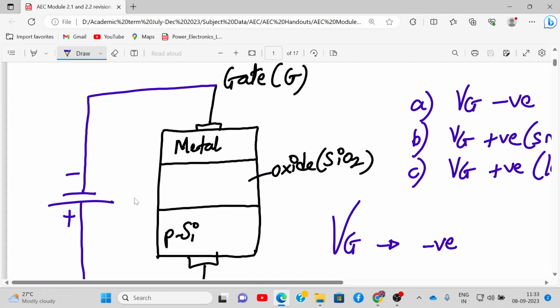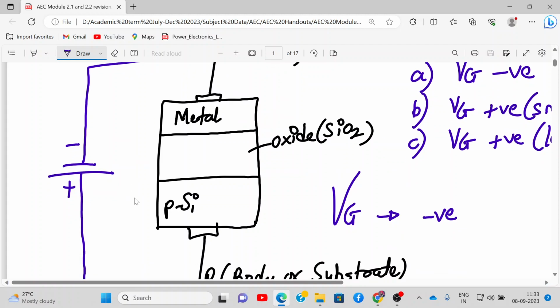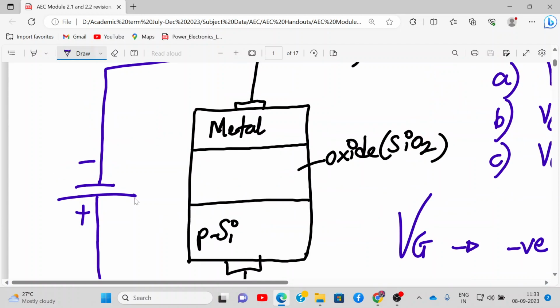These electrons which are present over here cannot be attracted towards the negative side of the battery, so they will remain over there only, pulled towards the oxide layer, but oxide cannot conduct electricity, so these electrons will remain here. What about these holes, near the positive potential of the battery? There are many holes over here, right? They will start to accumulate near this interface.